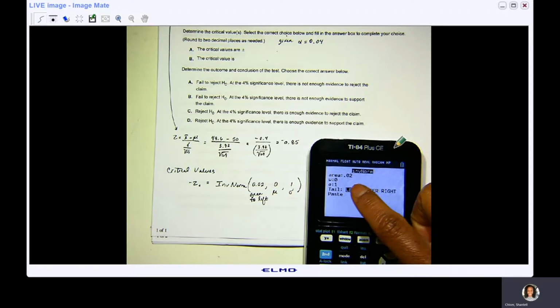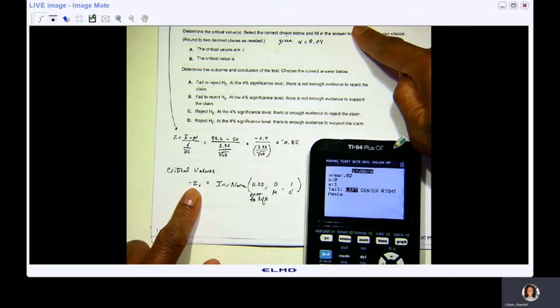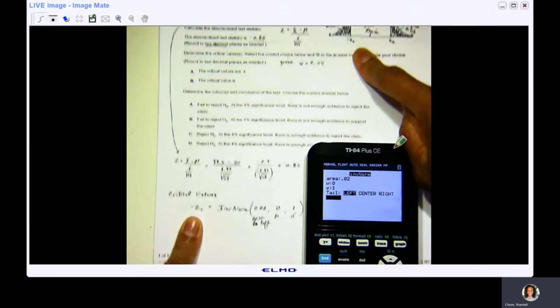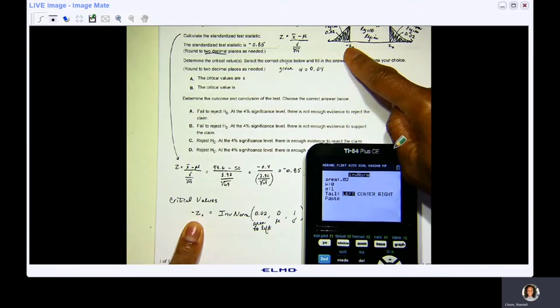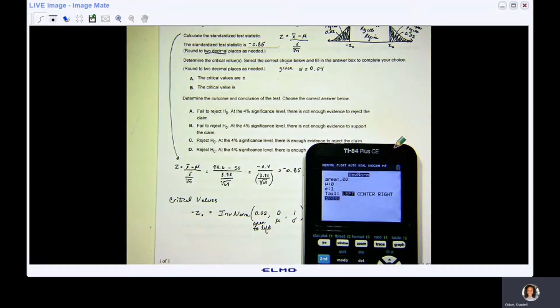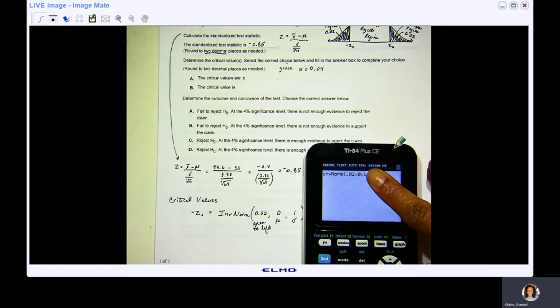So I'm just going to keep it on the left tail, which is why I found the negative one, because I knew the area to the left was given. I didn't have to figure it out. So inverse norm 0.02. Like I said, if you don't have a color edition, you probably don't even see that word left. This is all you would see.